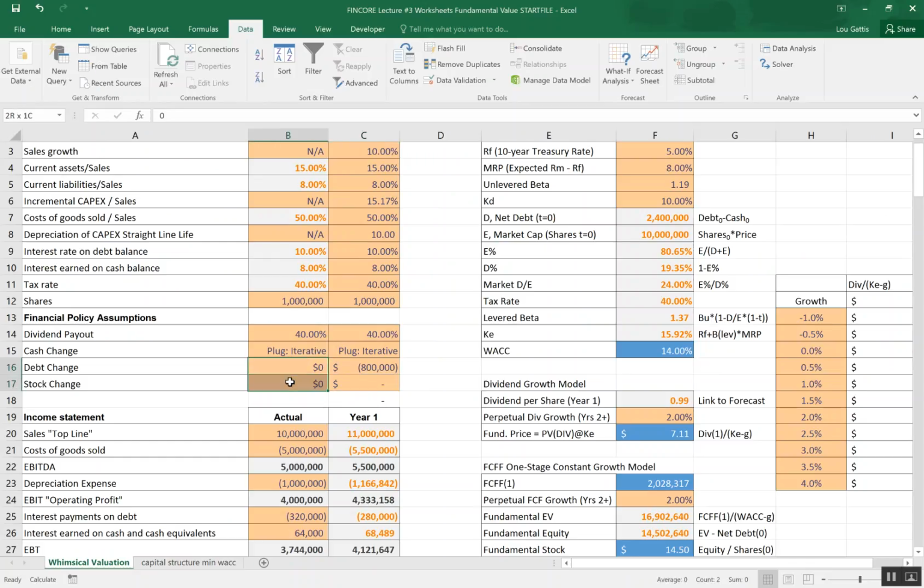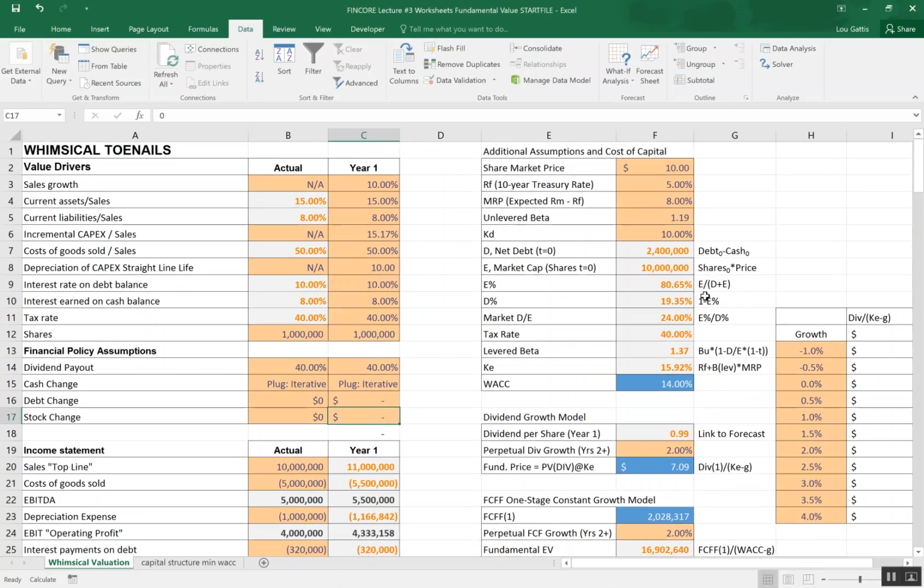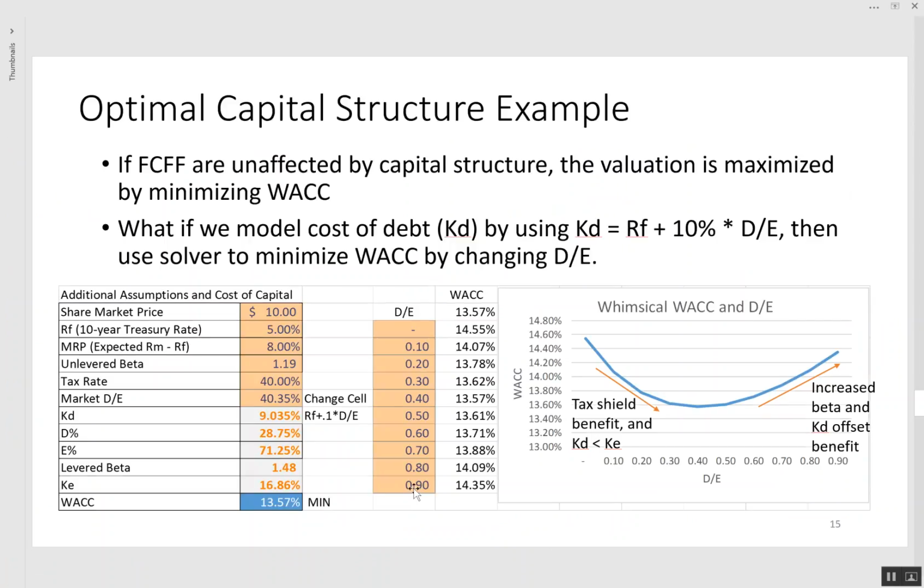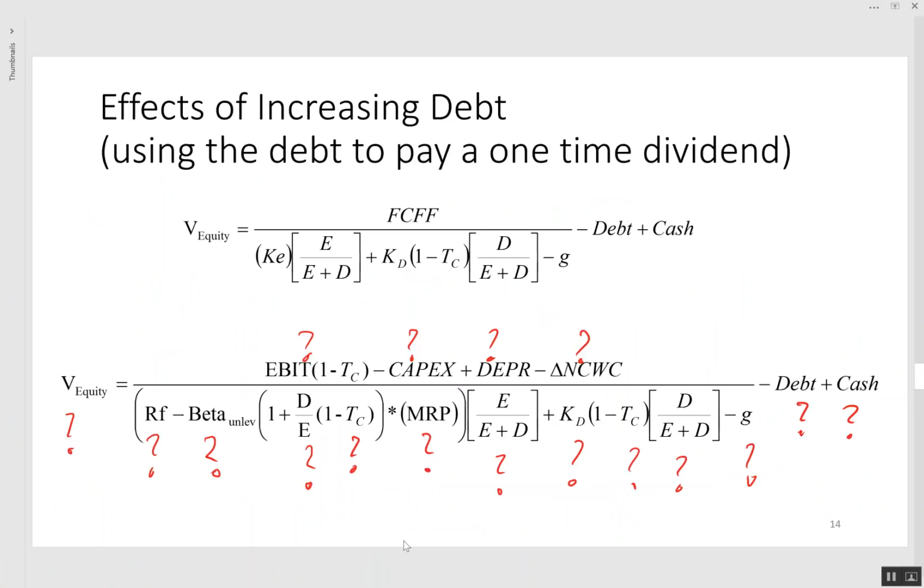But if I were to reduce debt today, that's going to affect my D/E ratio, which is then going to affect things like my beta. And what will happen is my cost of equity is going to change. And also, you would think that the firm got riskier, or less risky, by changing debt. You would think that debt holders would demand a different discount rate or a different return.